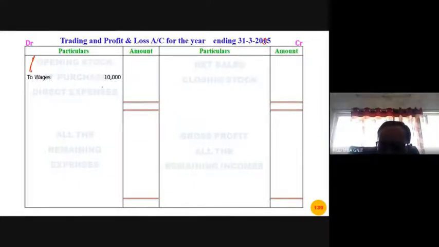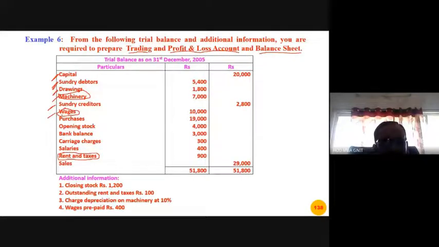Next, purchases. Generally, purchases are given in the debit amount column and purchase returns are given in the credit amount column. In this problem, there are no purchase returns when you go through up and down in the particulars. When both are given, purchases appear in the debit column and purchase returns in the credit column.